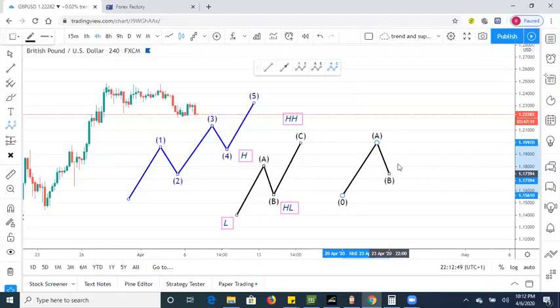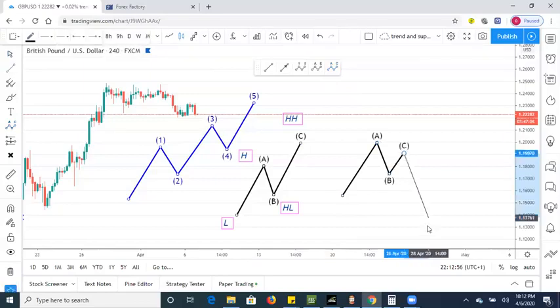Because price could move, not take out A, and then drop lower, right? Price could actually form an M with C not taking out A. This is not an uptrend.